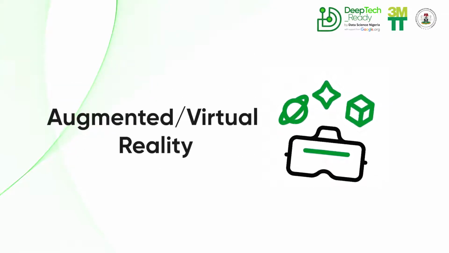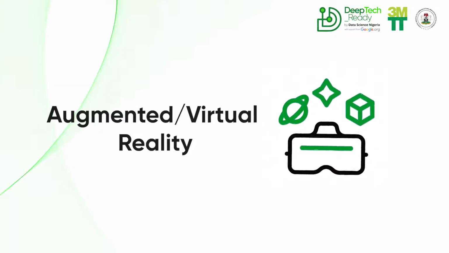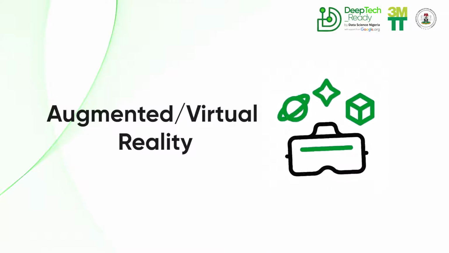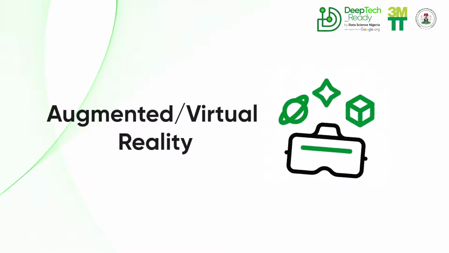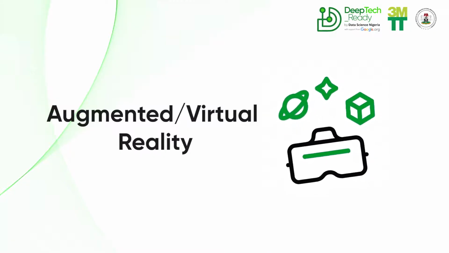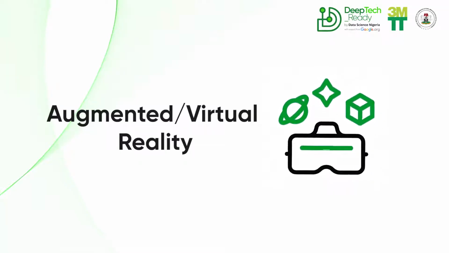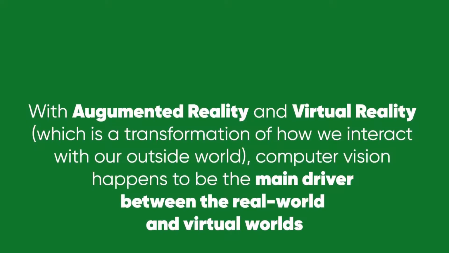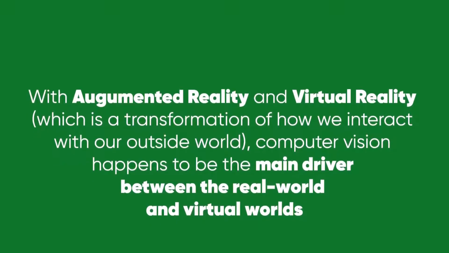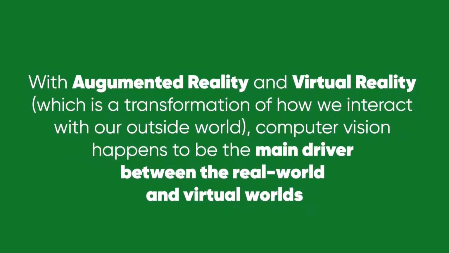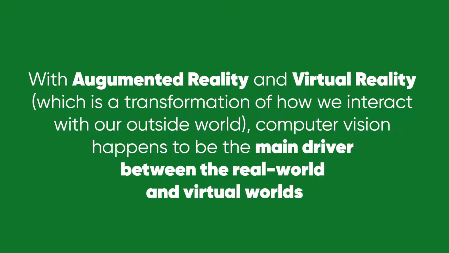All right, so let's move on to the next scope that has to do with augmented and virtual reality. I'm sure you're familiar with what augmented reality is, that's AR, or what virtual reality is. In this area, what we're trying to do is model the outside world, or interact with the outside world like it's so real.